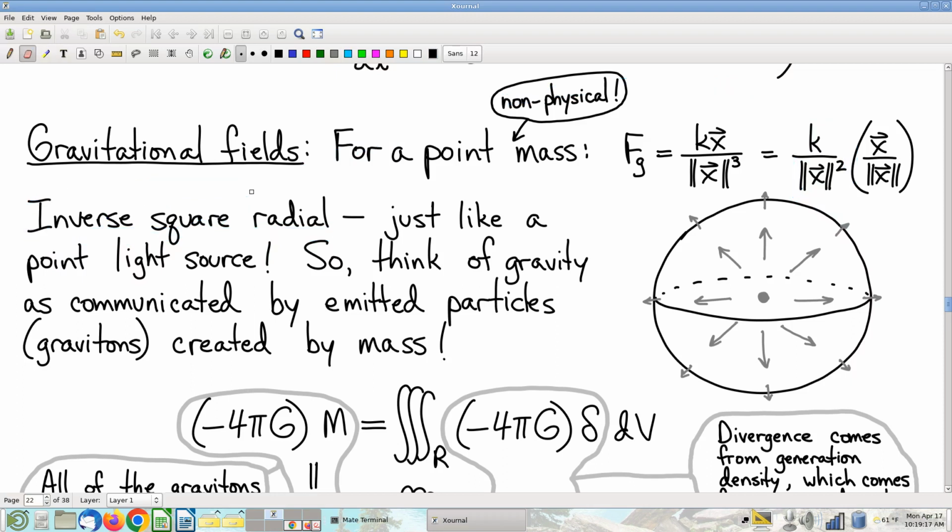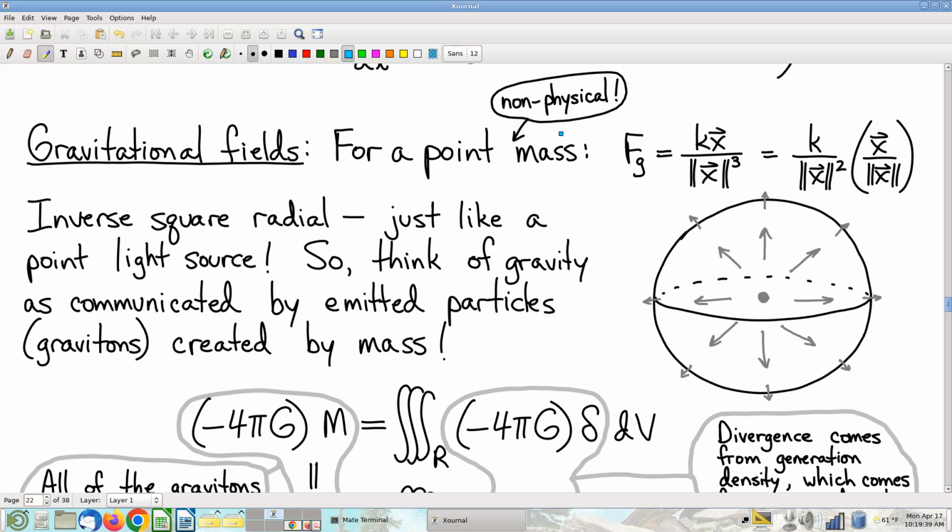Okay, so we talked about that a long time ago. Real quick, this is for a point mass. If you have a single point mass, which of course is not a physically real thing, right? But this is a fantastic approximation for actually real things, which is very, very small little pieces of mass.